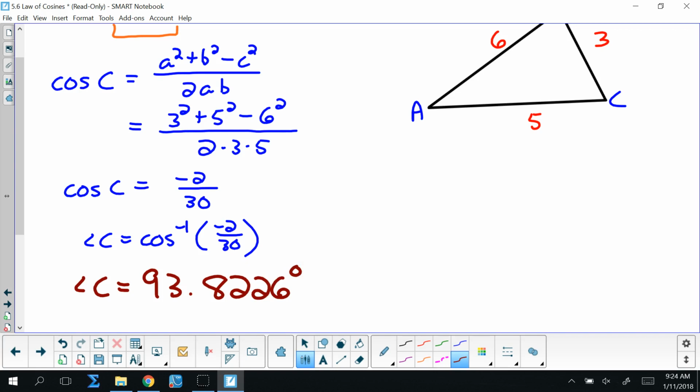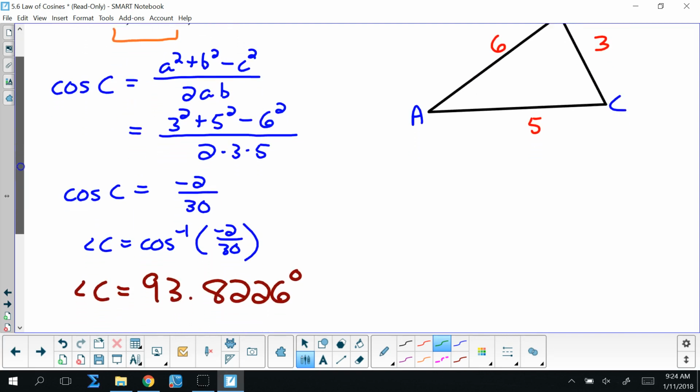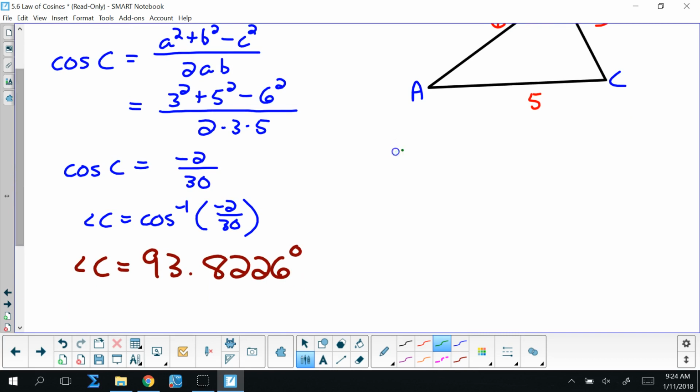Okay. So now I know that one. Now I'm going to use the law of sines. The law of sines says that I then find the smallest angle. Which one's the smallest angle? Angle A. So we would find angle A next. The sine of angle C divided by 6 is equal to the sine of angle A divided by 3.